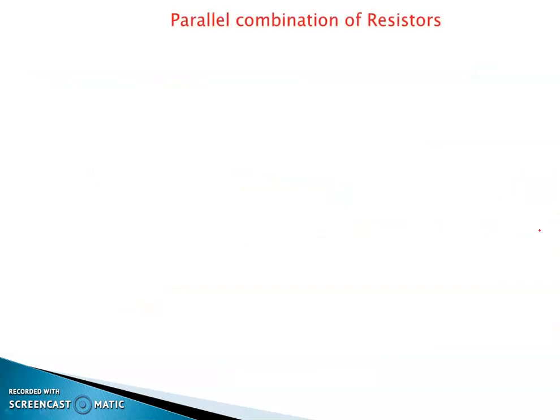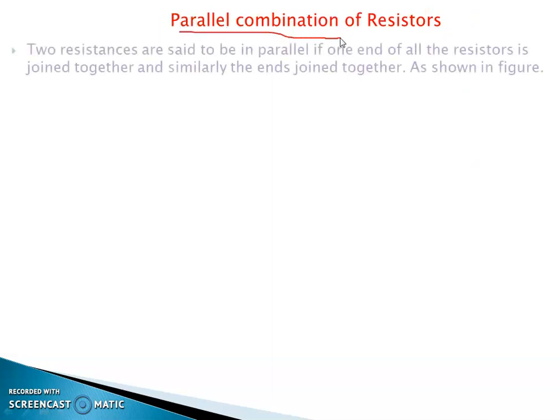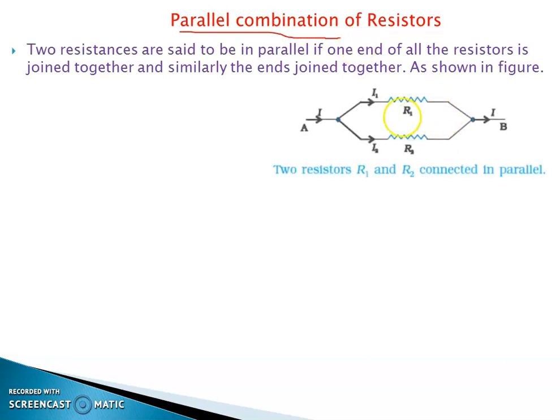What happens in the parallel combination of resistances? Now we are going to discuss the parallel combination of resistors. In this combination, the first terminals of each resistor are connected at a single point, and the second terminals of each resistor are connected at the other point.